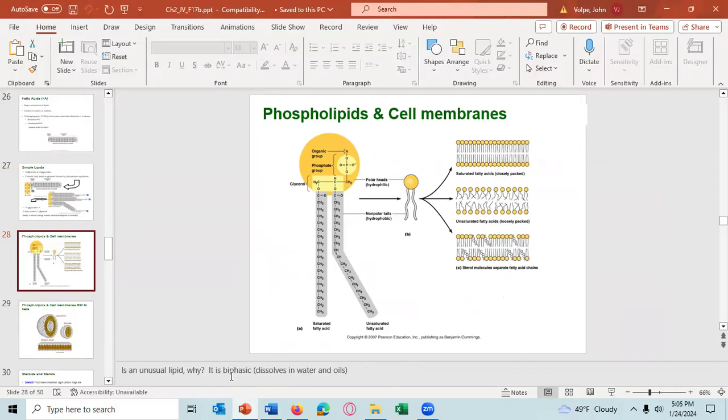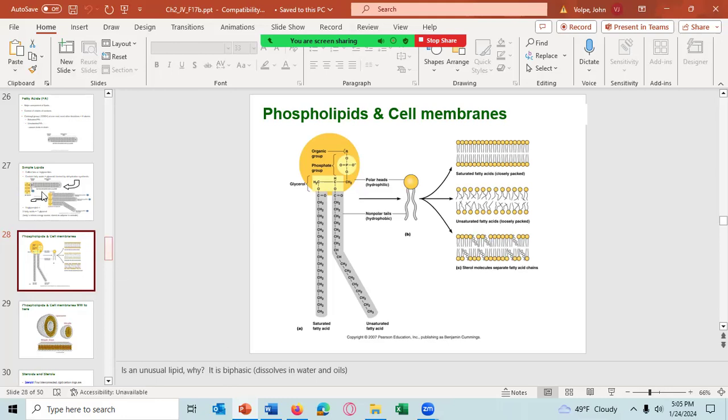A phospholipid is an unusual lipid because it has a polar region, so it can dissolve in water. So it is not hydrophobic the way most lipids, actually, I think all other lipids are.